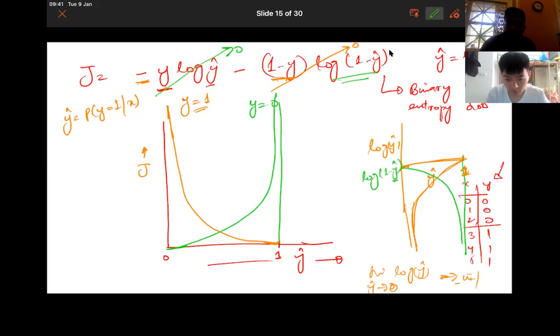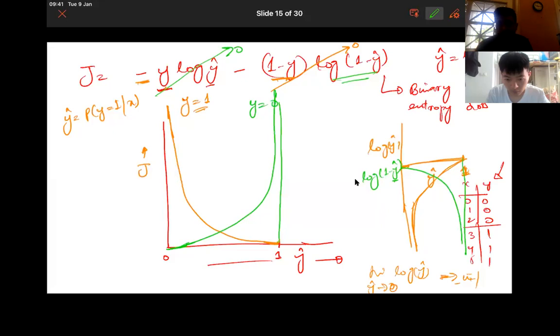If the true label is 0 and your network believes that the probability of the label being 1 is small, it means that you are correct, right? If the probability of being 1 is small, then the probability of being 0 is high, right? So that's why you have a small cost here and a large cost here.